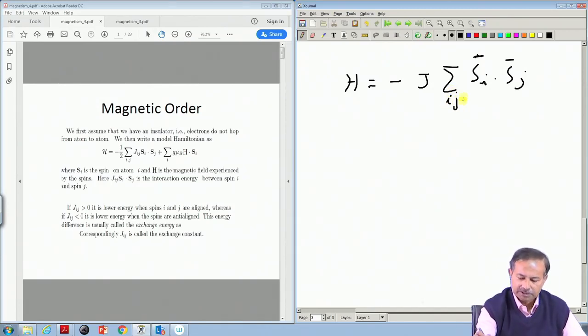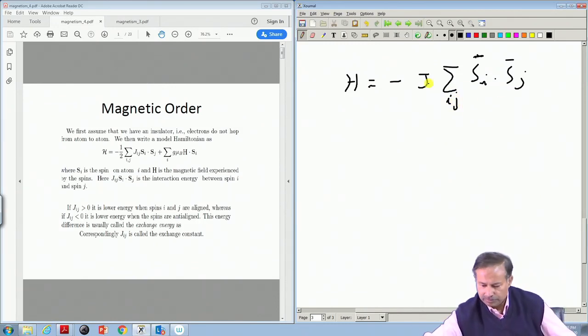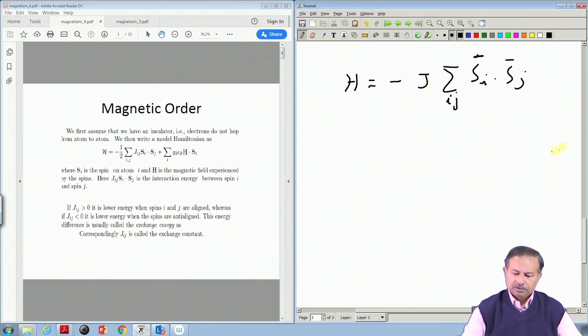You can make it i greater than j, so that you sum only once over each pair, but nevertheless this is the model. Typically you can also have a magnetic field in the system. That magnetic field couples to the system, and this is g mu_B H dot Si. This term represents that.